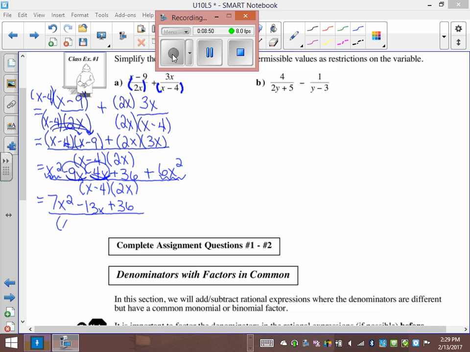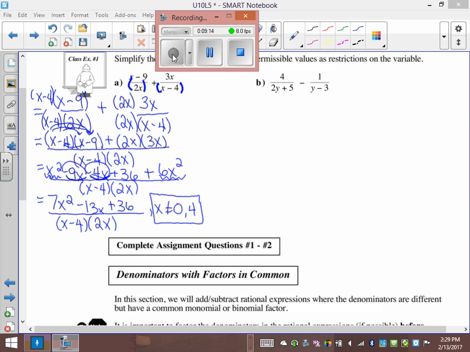All over x minus 4 times 2x. And I'm done. But I have to say x can't equal 0 or 4. You have to be able to do adding and subtracting, or you won't be able to solve, which is tomorrow. Okay? Solving is one more step.